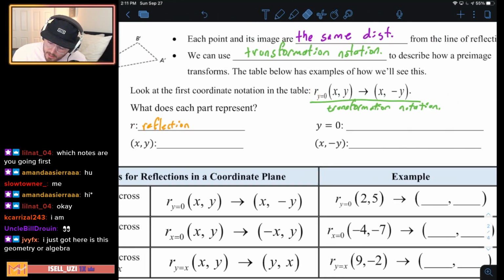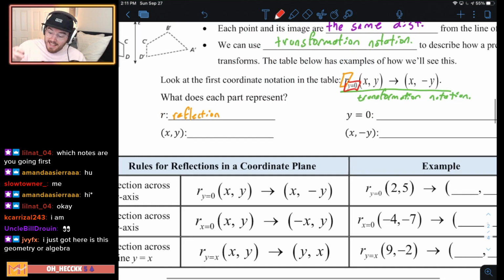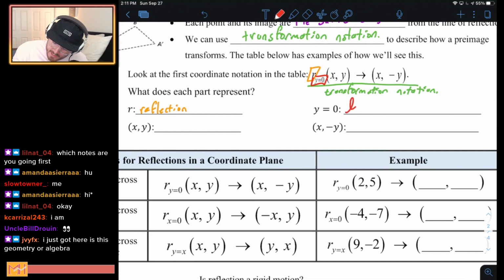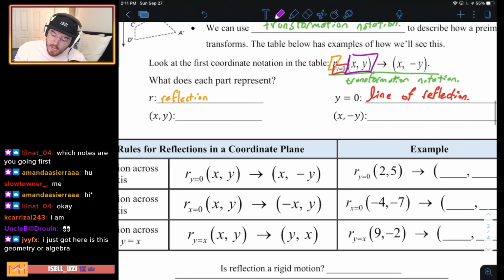Okay, well then, what is this? What is this y right next to it? Y equals 0. That represents the line of reflection. What is this right here? That is the pre-image. That's the before, right? So what am I telling you to do?